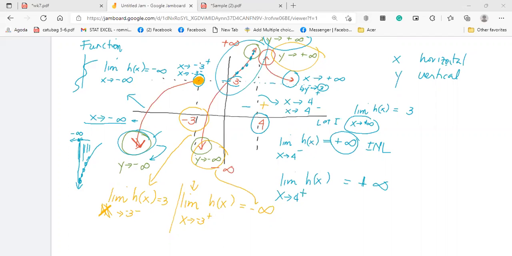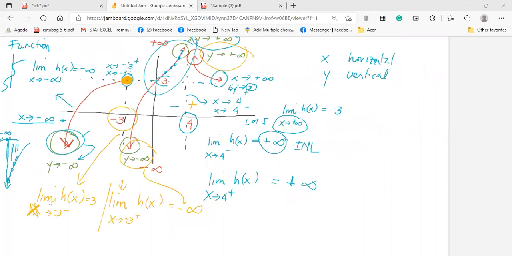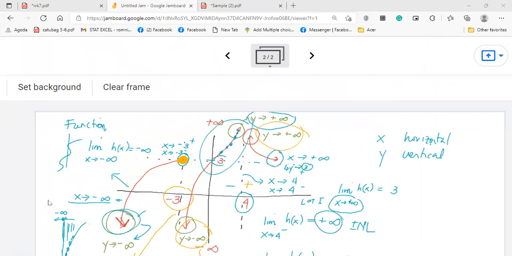Pinakamalapit na graph. Okay? Kasi nandoon yung hinahanap mo. Okay? So, magbigay ako ng isang graph and then I'll ask someone to just give the answer and then we will now proceed to our lecture proper.